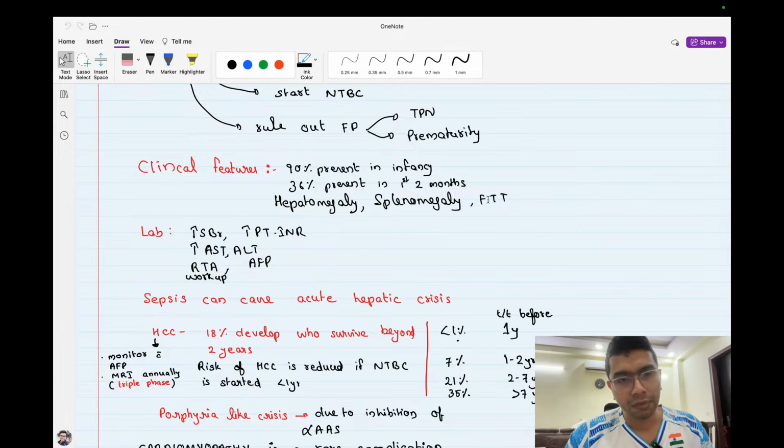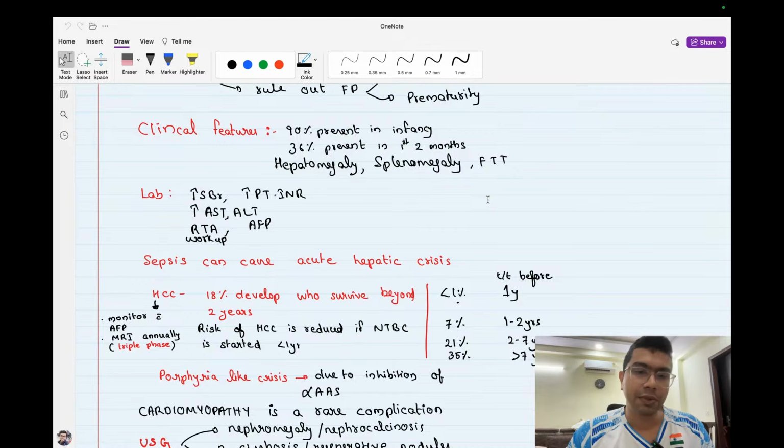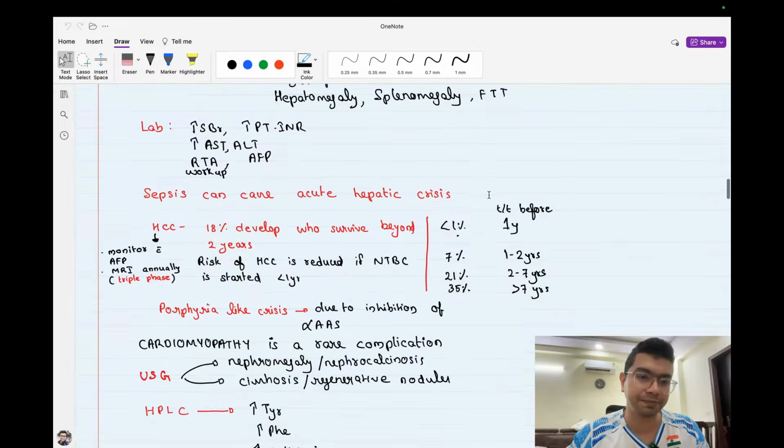There may be features of renal tubular acidosis like features of rickets, polyuria, and as always, AFP will be increased as there is liver damage. And sepsis can cause acute hepatic crisis. So sepsis can precipitate this presentation early.